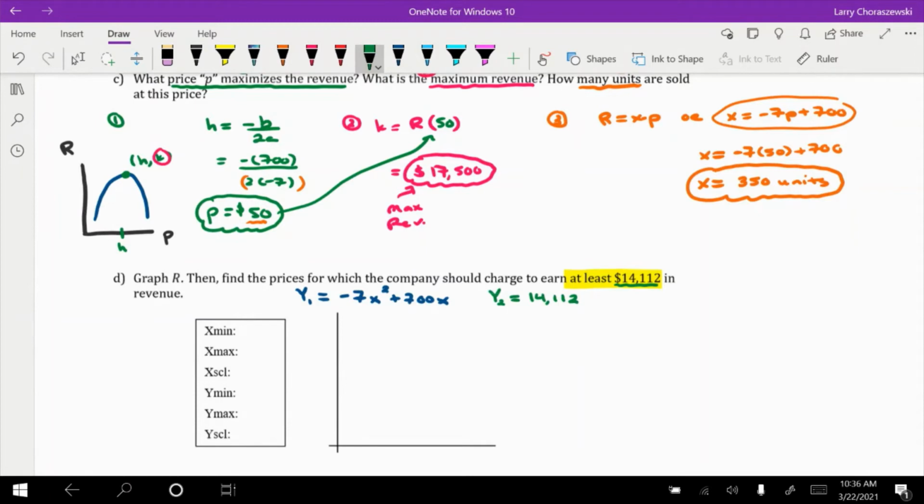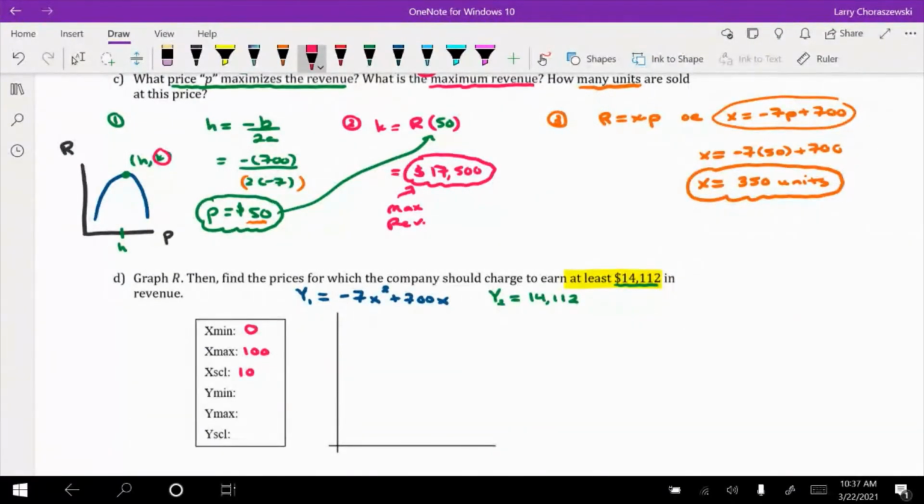But there should also be some window setting changes just so that you can see everything that we need to in order to solve this. Xmin and Xmax are going to be based on our domain values. Keep in mind the minimum value of P is 0 and the maximum value of P is 100. So that's how I'm getting 0 and 100, and I'll go by tens along the x-axis.